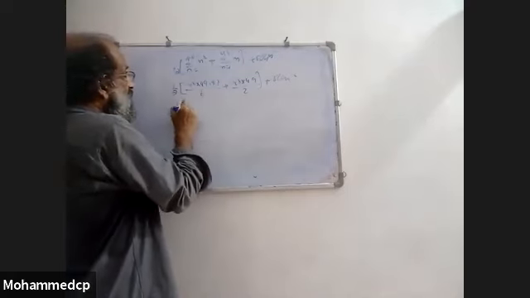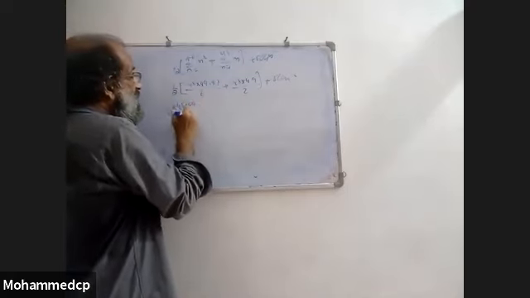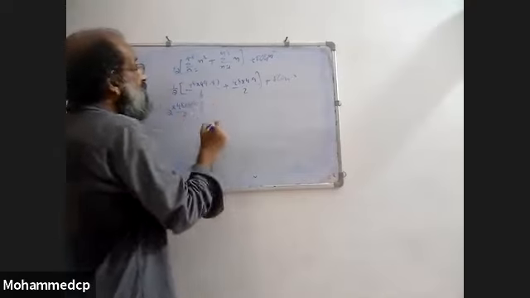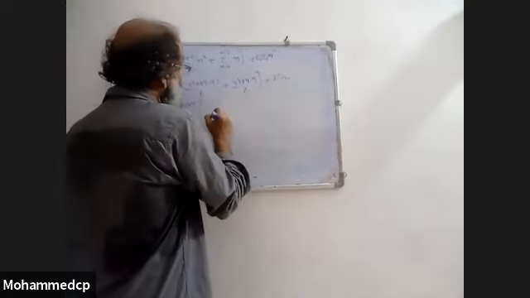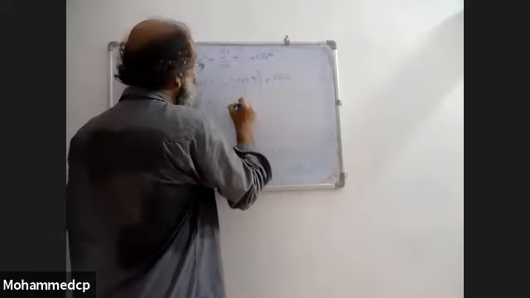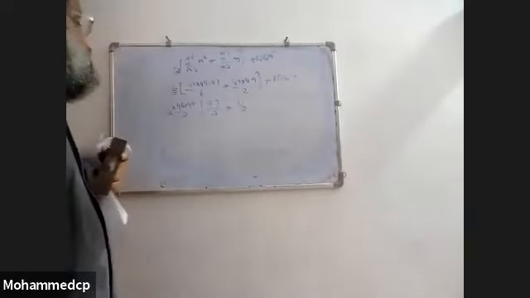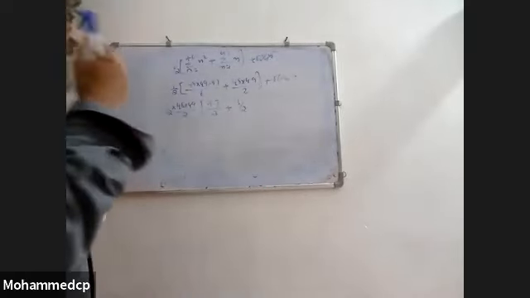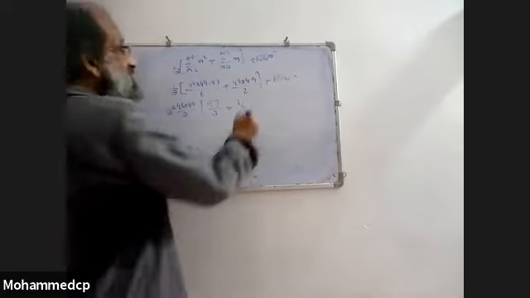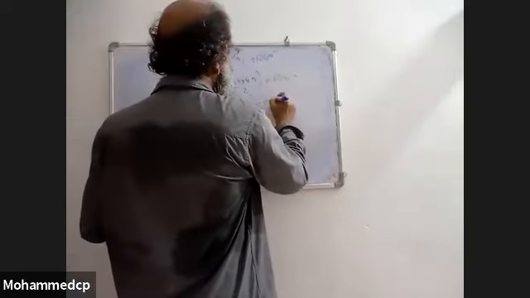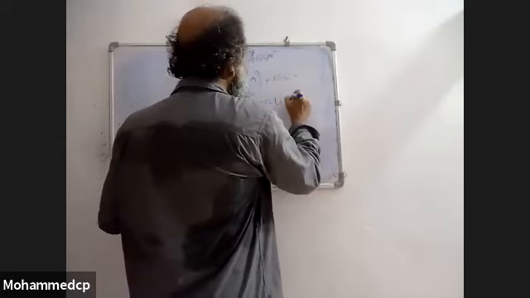Therefore 1/2 into 48 into 49/2 into (97/3 plus 1), plus that 50C2 m square.